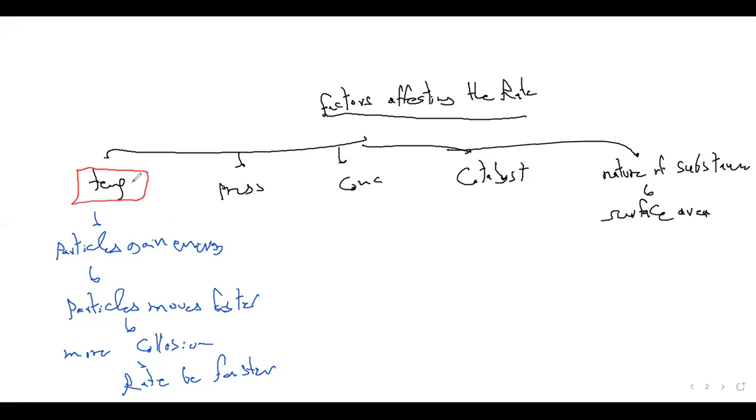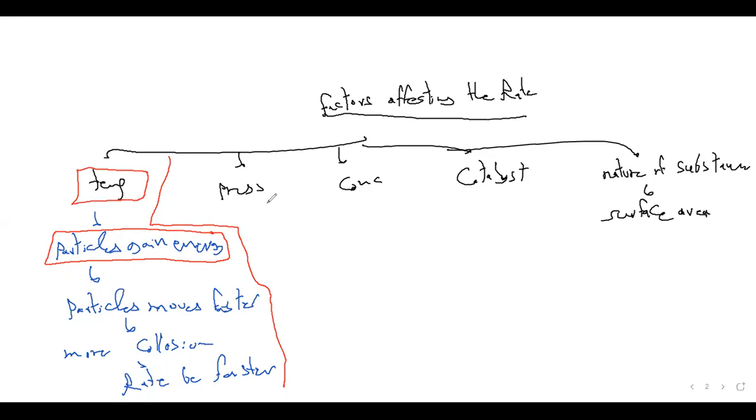By increasing temperature, in the kinetic theory, you will find that particles gain energy. And we can say particles gain energy only in case of temperature. Particles gain energy, and then particles move faster, and then more collisions, faster rate of reaction.